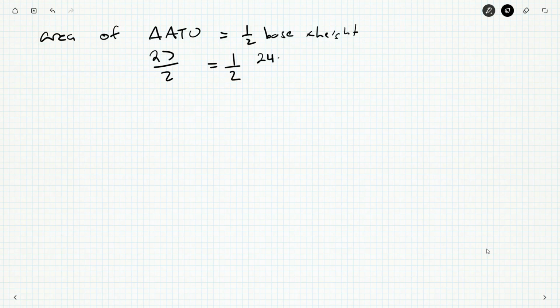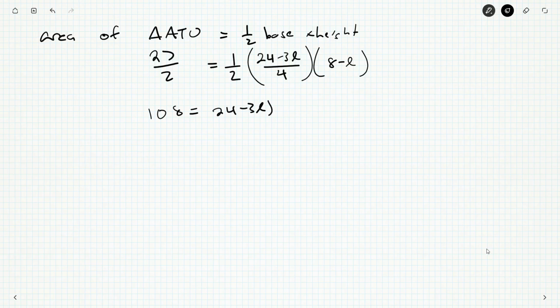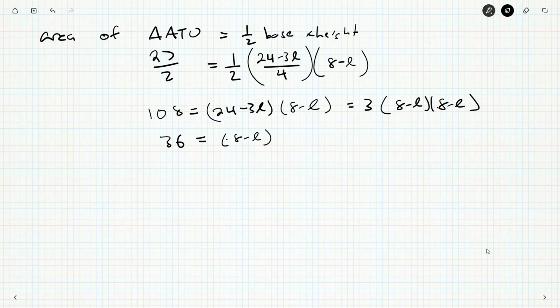The base, 24 minus 3L over 4, times the height, which is 8 minus L. So multiply both sides by 8. 27 times 4 is 108. 24 minus 3L times 8 minus L. Take out a factor of 3 here, you'll get 8 minus L times 8 minus L. Divide by 3, we'll get 36 is 8 minus L all squared.